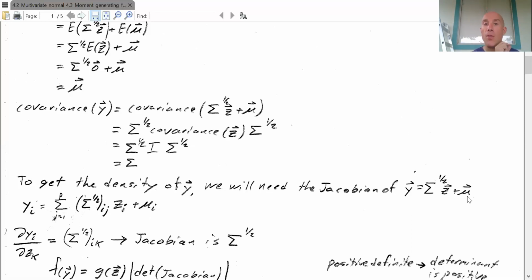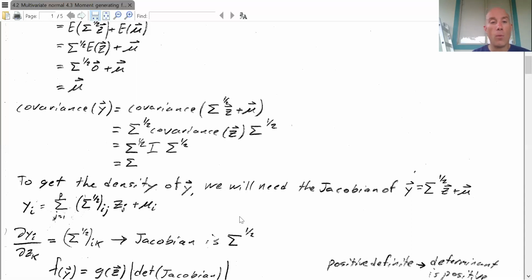If I need the Jacobian, I need to look at each individual variable of Y and take the derivative with respect to each individual variable of Z. So Y sub i, using the matrix multiplication formula, is the sum of the square root of sigma's ith jth entry times the jth entry of Z, add these all up, and then add mu sub i.